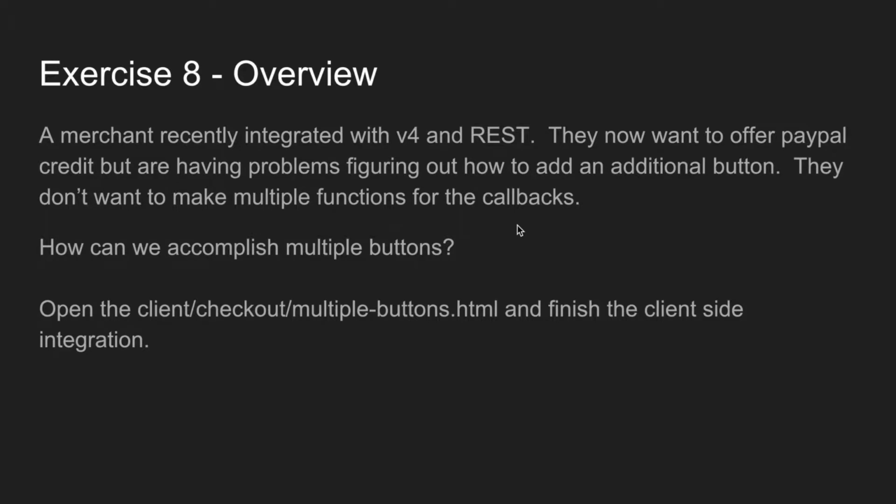So we have a merchant that's already integrated with V4 and REST, and they want to offer PayPal Credit, but are having problems figuring out how to add an additional button. They don't want to make multiple functions for the callbacks. So how can we accomplish multiple buttons? A couple ways: obviously we could just duplicate our render call and have two of them, but then we have to have the same basic function for the unauthorized.